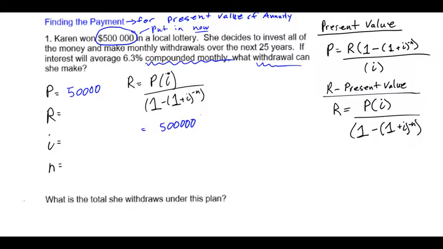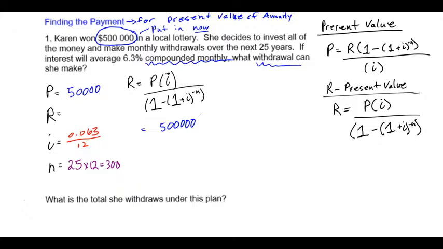So that's 0.063. That's for a year, but we have to bring it down to 12 months, so we divide by 12. We also have withdrawals over the next 25 years, which is 25, but multiplied by 12 because we have to change our n from years into months, which ends up being 300.